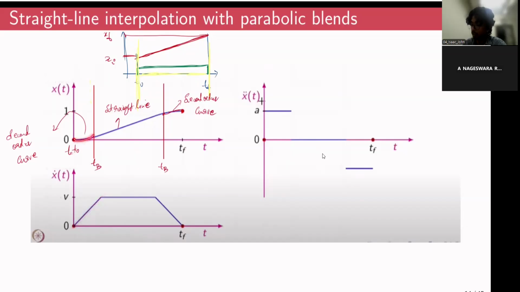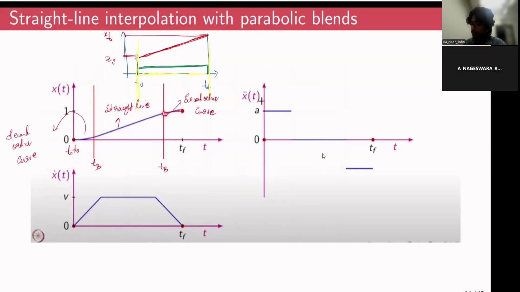Since this is of order two, your line would be of first order. It will have a constant slope, and from this initial blending to the final blending time, you have a straight line, right? You have a curve of order one. So the velocity would be of order zero, right? If you take the derivative of a line with order one, your velocities would be zero.